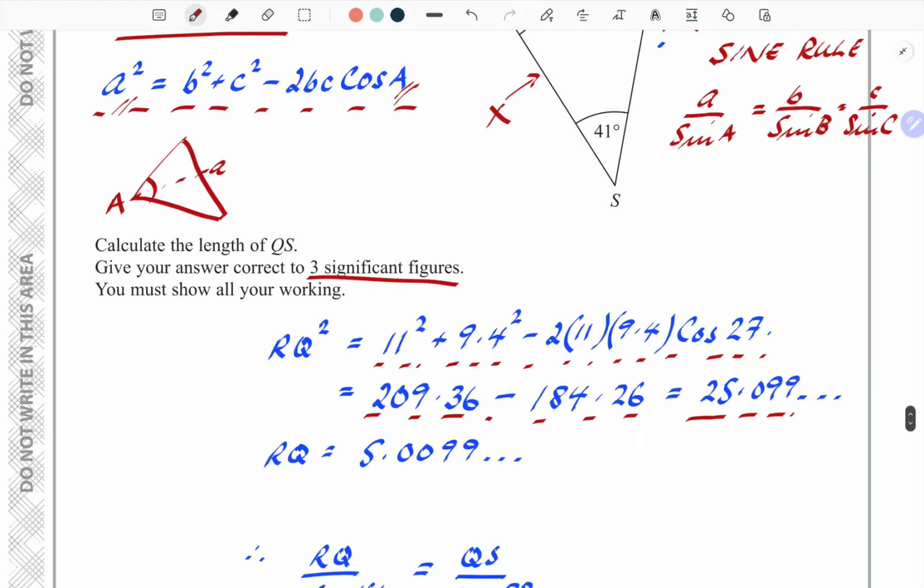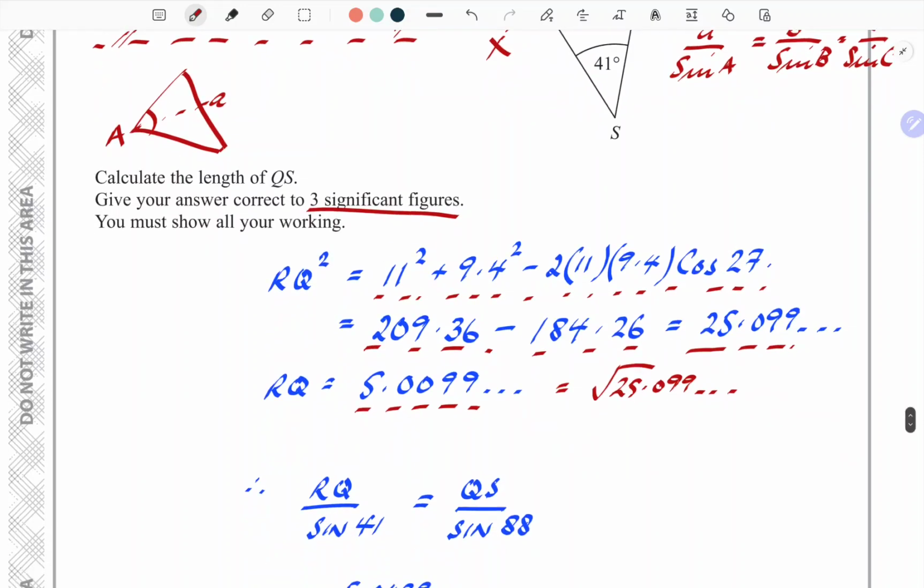I've kept that there for the moment. So RQ is the square root of that, the square root of 25.099, etc. And that comes to 5.0099 and other digits. Now use the sine rule, as we've just seen.